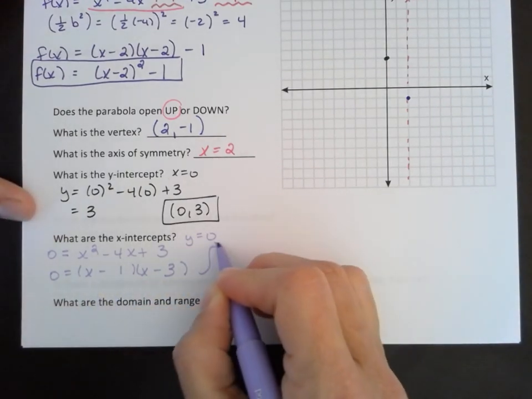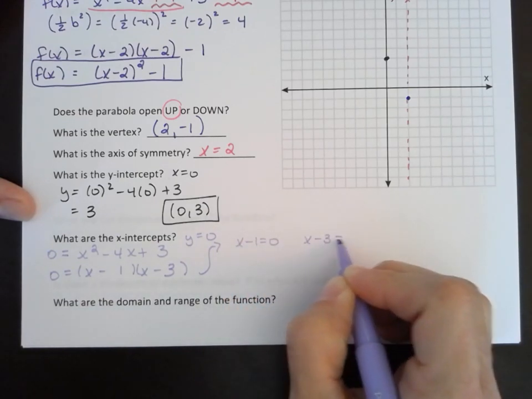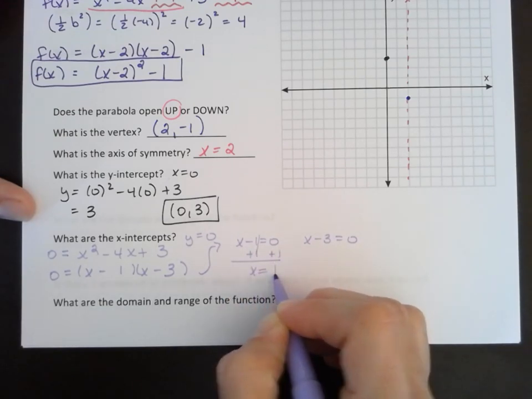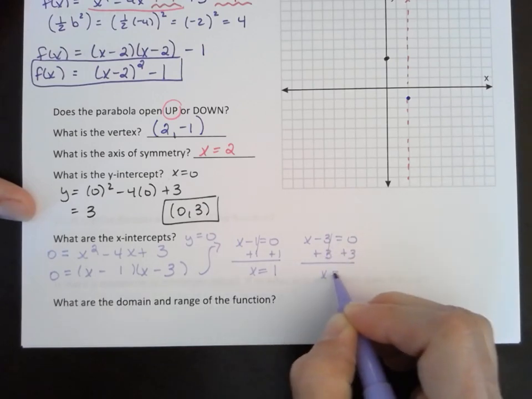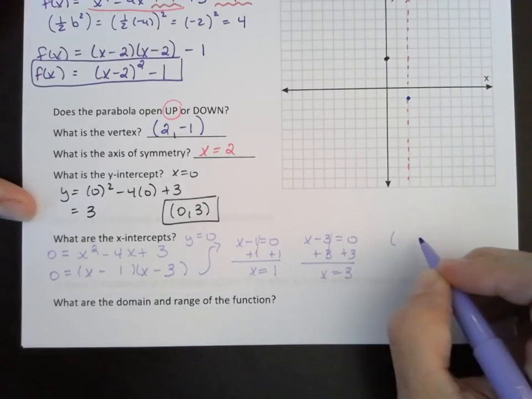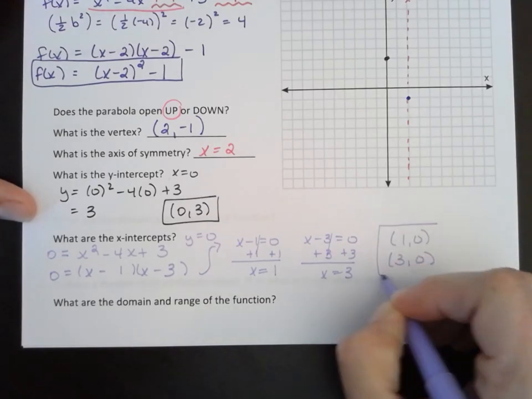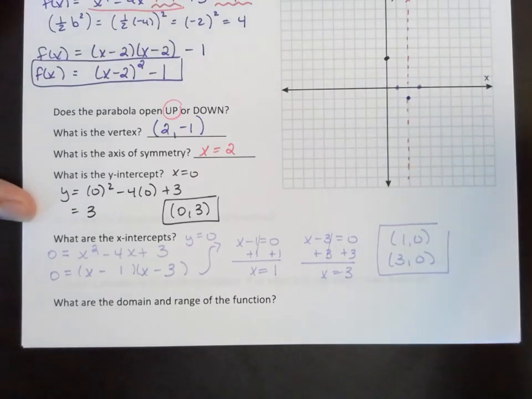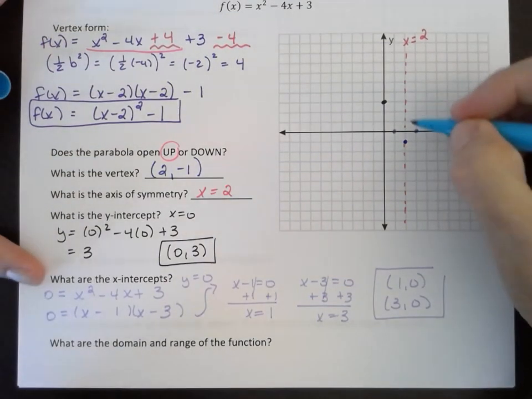So then we set each one equal to 0 and solve. We add 1, x equals 1. We add 3, so x equals 3. Your two x-intercepts are (1, 0) and (3, 0). Now that we have all of this information on our coordinate plane, we can sketch our graph.